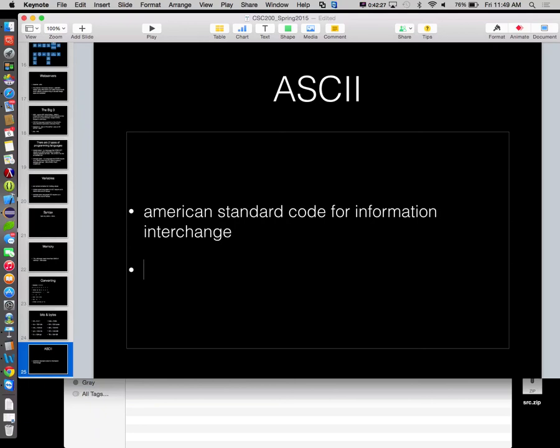And ASCII has 256 unique characters, labeled 0 to 255.